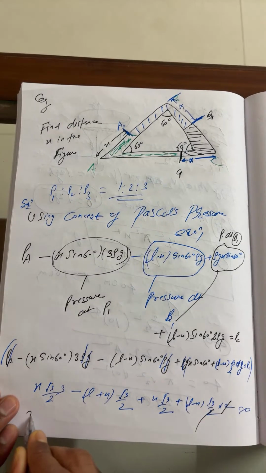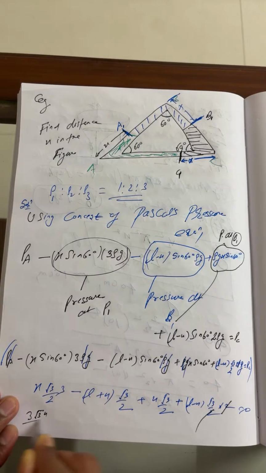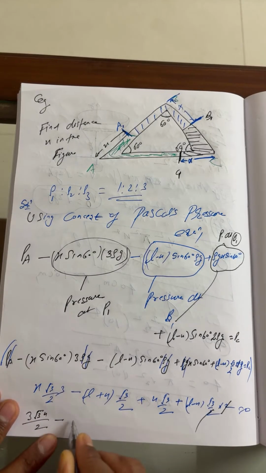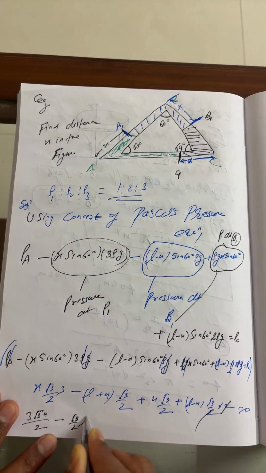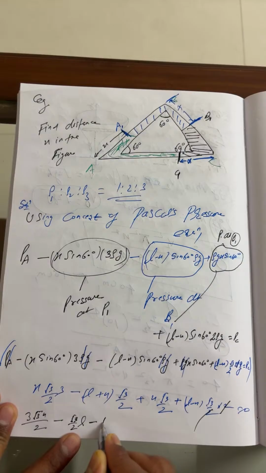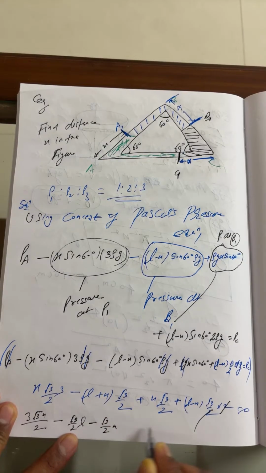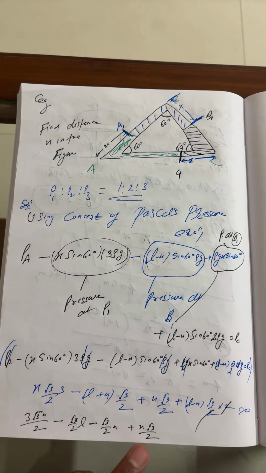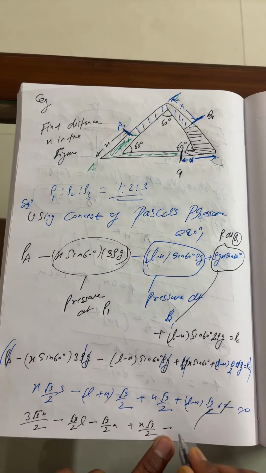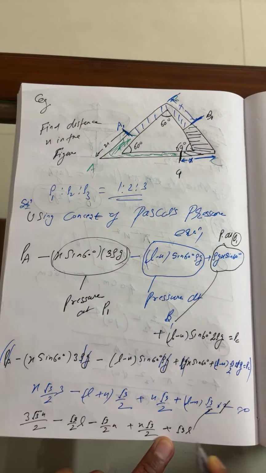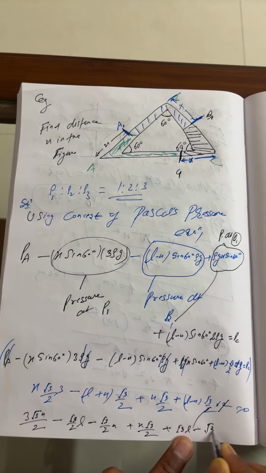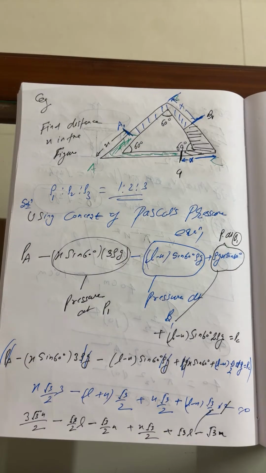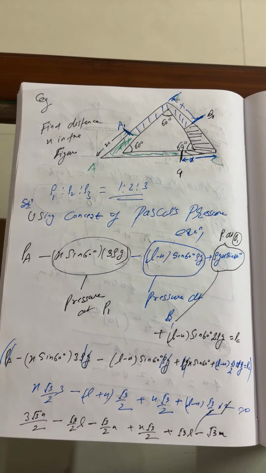So this is 3 root 3 x by 2 g minus root 3 by 2 L minus root 3 by 2 x, open the bracket here, plus x into 3 by 2 g plus root 3 L minus root 3 x. Okay, one second, I'll see.